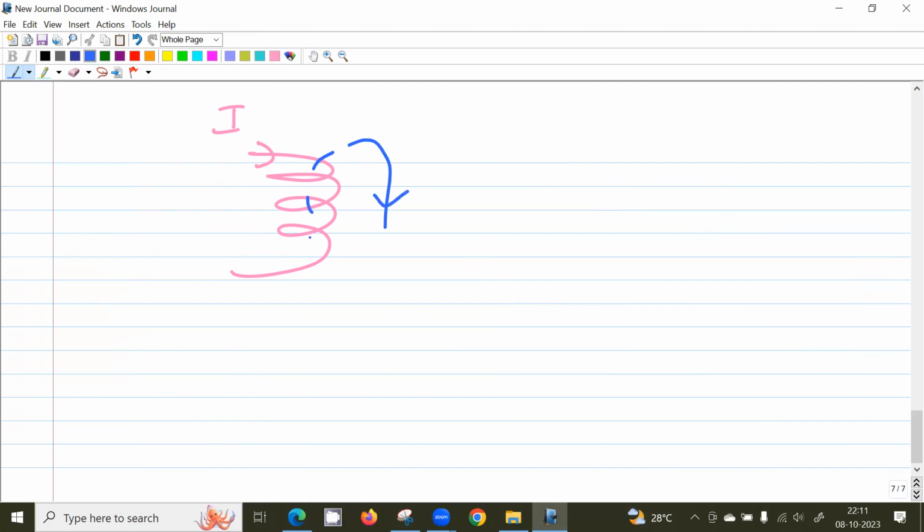Let the flux be in this direction, the magnetic field lines.